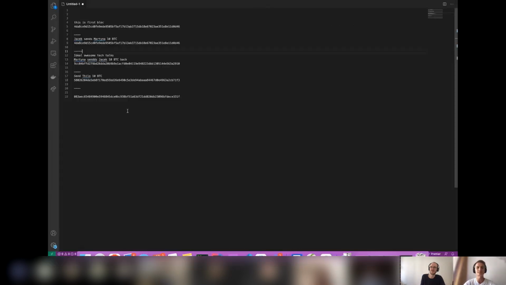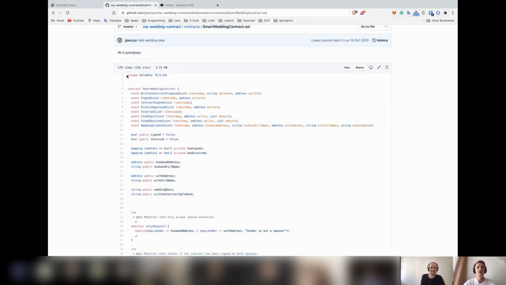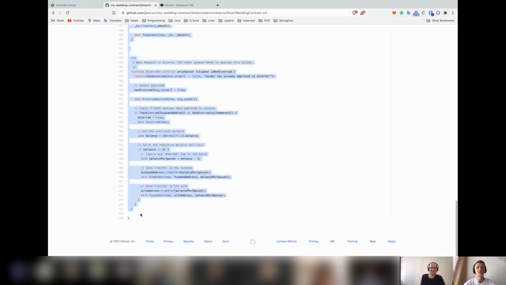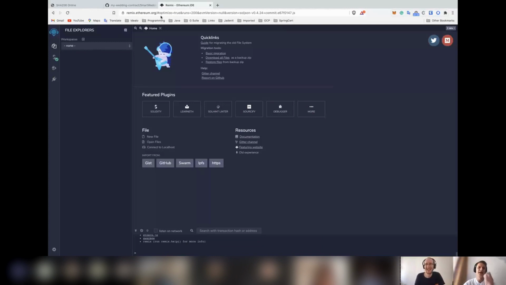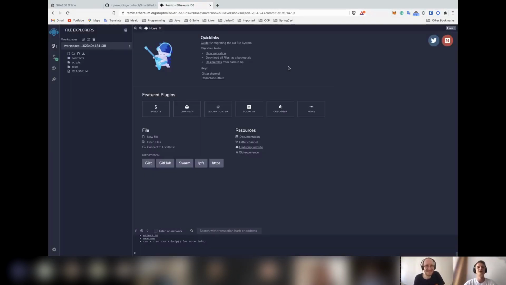So let's go maybe to an example. I'm a bit of a geek, and when I got married, I wrote a wedding contract. Apart from getting married in the city hall, I wanted to have an eternal copy of my marriage. So I wrote my wife a wedding contract.